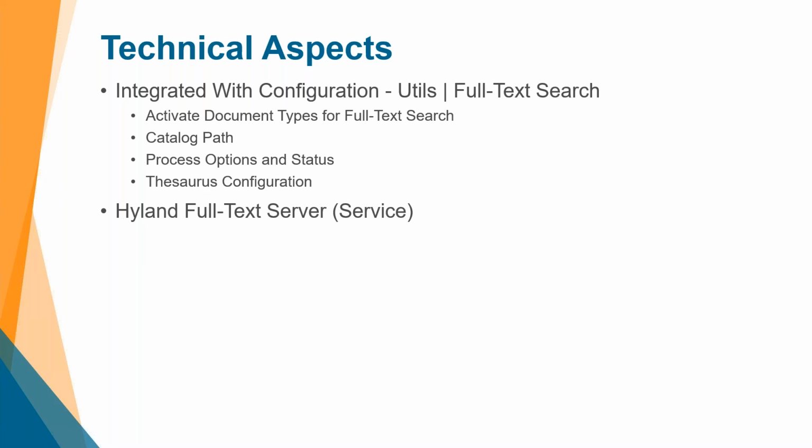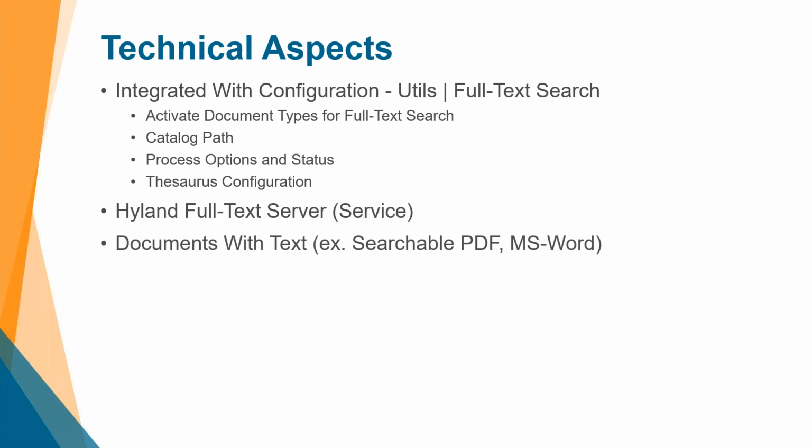There is a service that will be installed, and this can be installed on multiple different server OSs, called the Highland Full Text Server. And really that is now going to be doing a lot of the work here, doing the OCR behind the scenes.